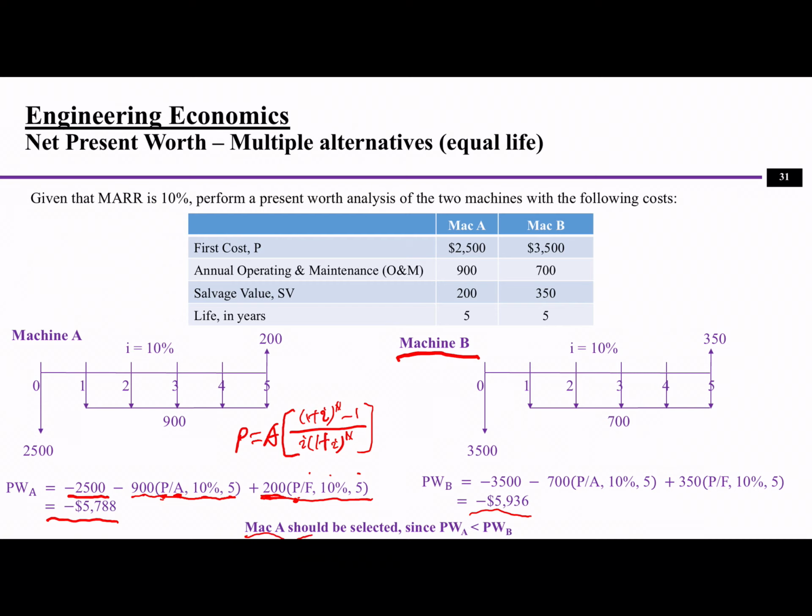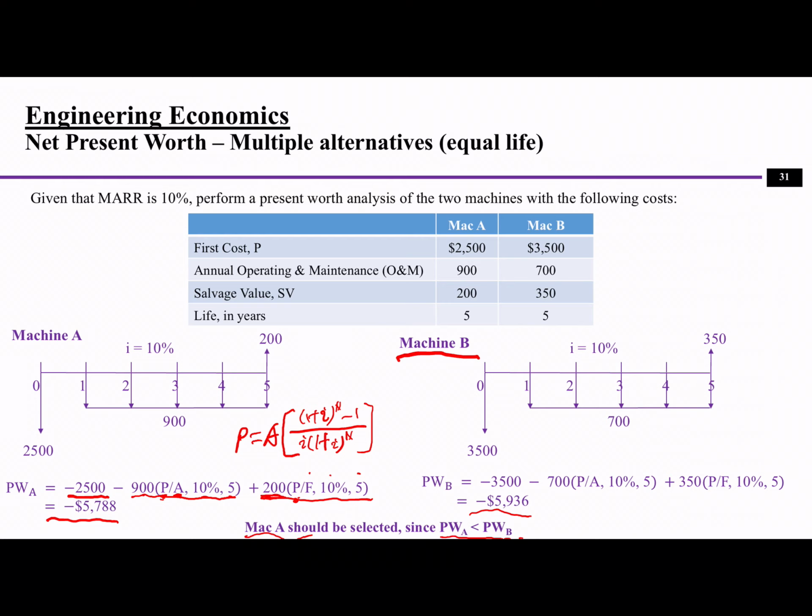So comparing the two, you can tell that in the present value or present worth analysis, machine A is actually smaller than machine B, which means that over this long 5-year project, machine A's investment costs less money, right?